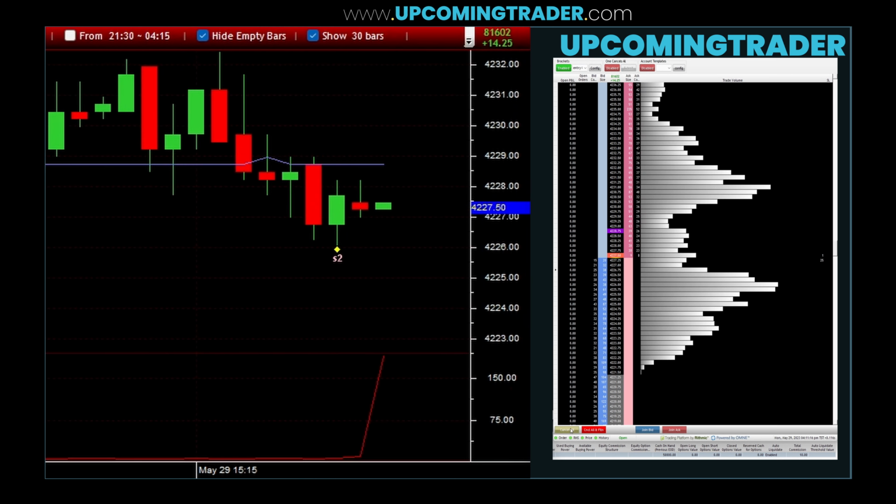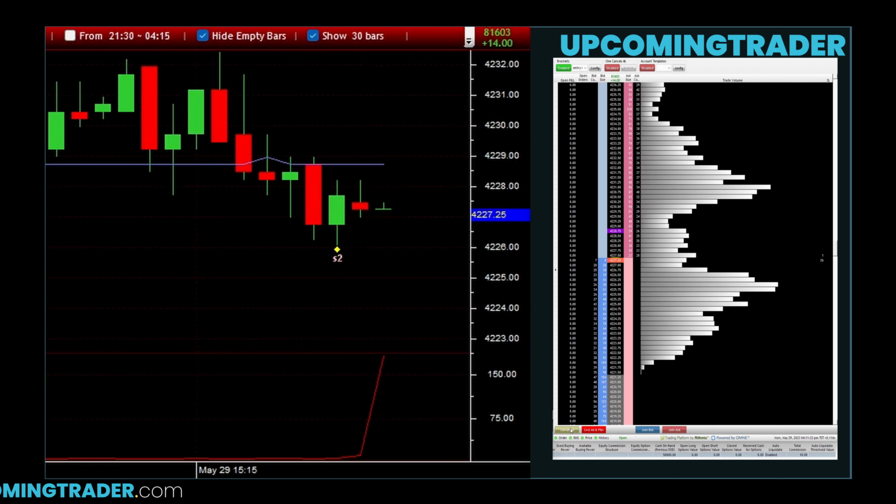Pennants are similar to flags but have converging trend lines that look like a small symmetrical triangle. If price movement breaks in the direction of the trend and crosses the EMA, it signals a continuation of that trend. These chart patterns, when combined with EMA signals, can give traders a more complete view of potential price movements.